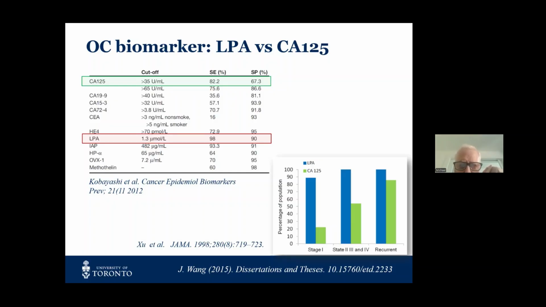As somebody in the audience, I'm sure, knows, CA125 is not a particularly good marker at the early stages, and it also has a history of false negatives and false positives. This particular marker we worked on here, LPA, lysophosphatidic acid, is much better in terms of age progression and also at the early stage of the disease.